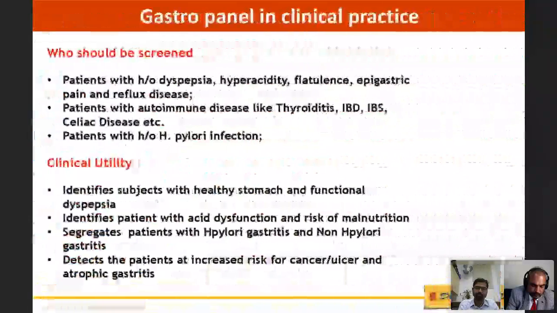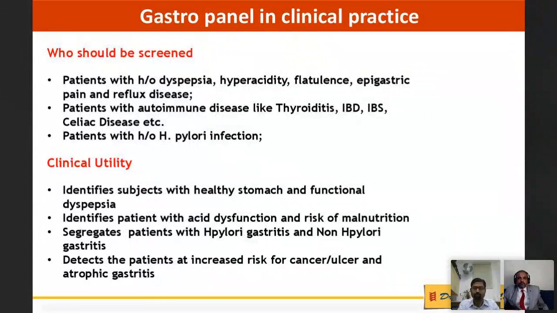So who should be screened? These have already been covered, but I'm just repeating them because these are the highlights of this entire presentation, the key points we should remember as a take-home message.